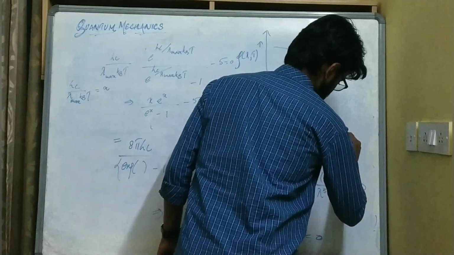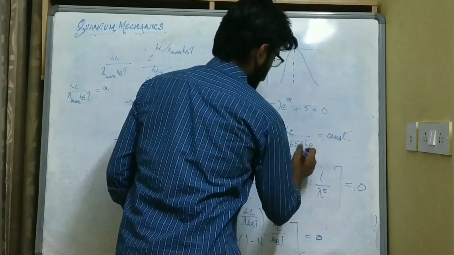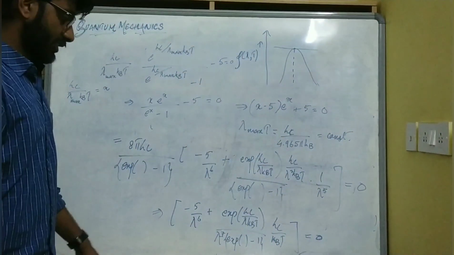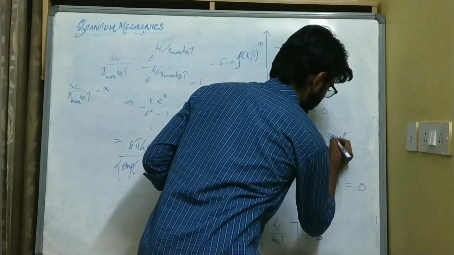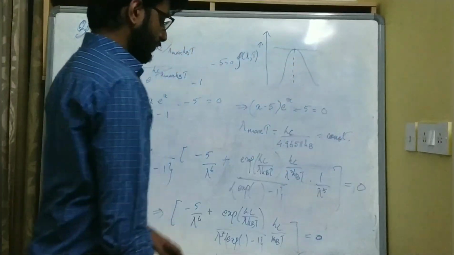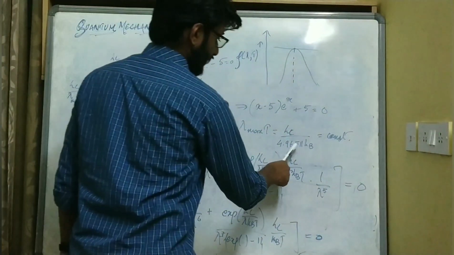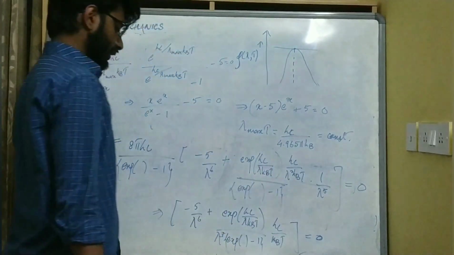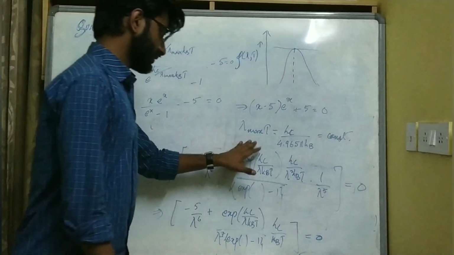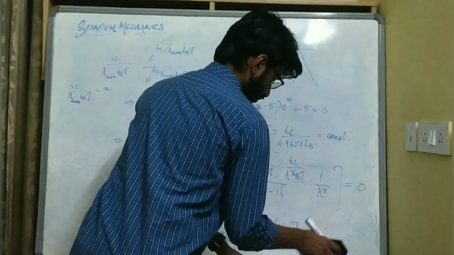You can check the values of h, c, and kb, and the value of this constant in any book. Actually, this is the value of x obtained by solving this equation.